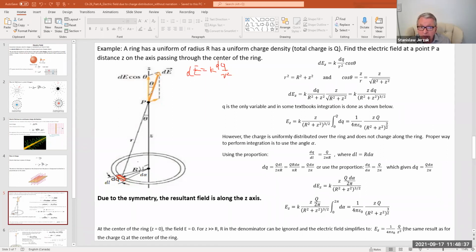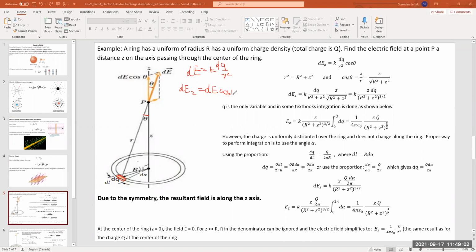Then I found the component of the electric field along the Z direction, because this electric field makes this angle theta, the vertex angle of the cone. So then dEz, the Z component, is equal to dE times cosine theta. Why cosine?